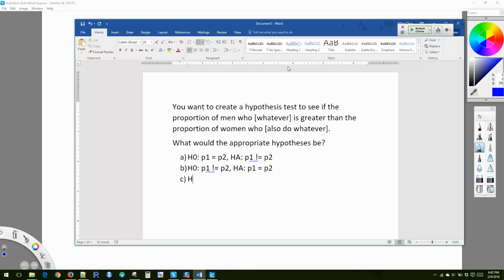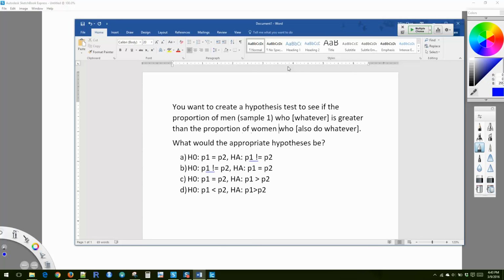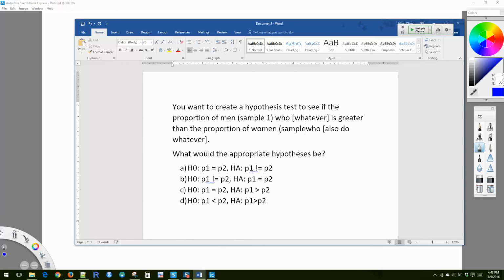Option C: P1 equal to P2, and P1 is greater than P2. Option D: P1 less than P2. We'll say the proportion of men is sample 1, and the proportion of women is sample 2.